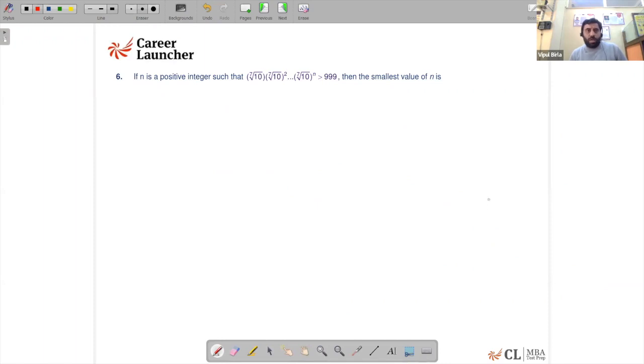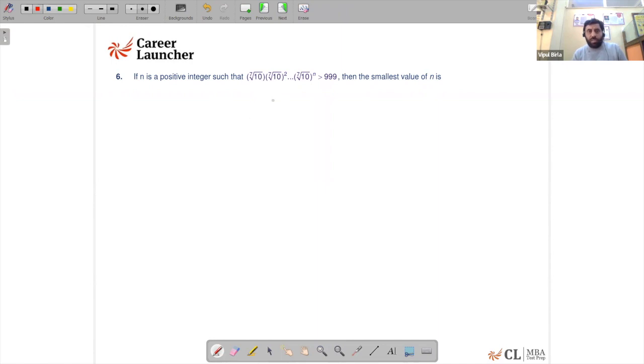Right guys, look at question number 6. It says if n is a positive integer such that 7th root of 10 into 7th root of 10 square and so on so forth is greater than 999, then the smallest value of n is, we are supposed to identify what is the smallest value of n, right?